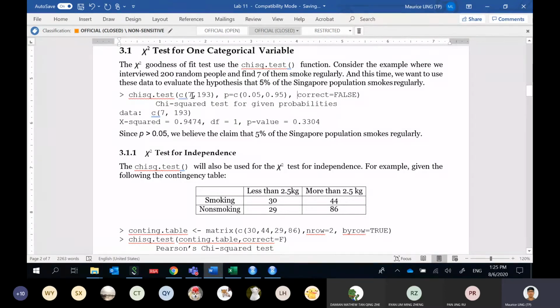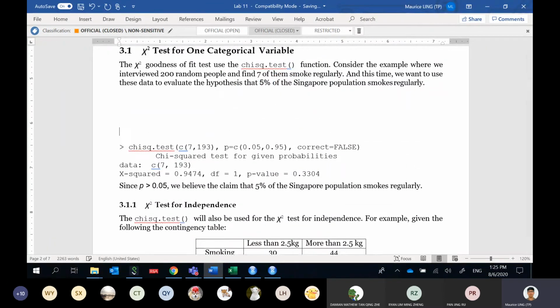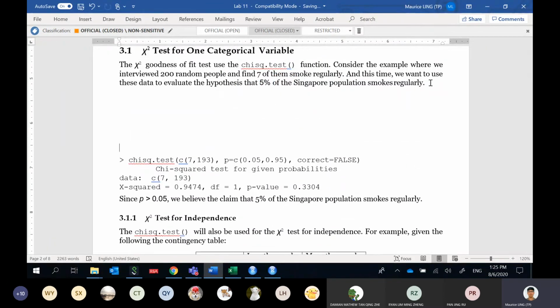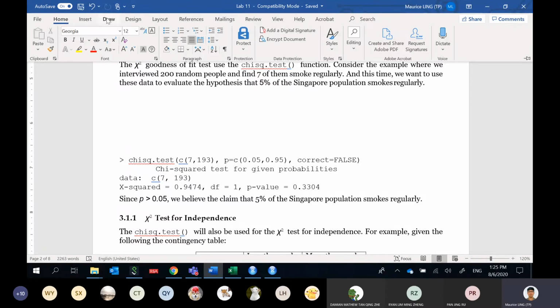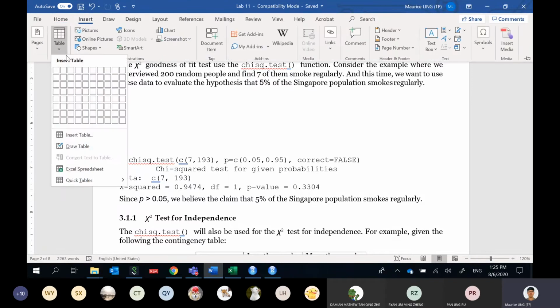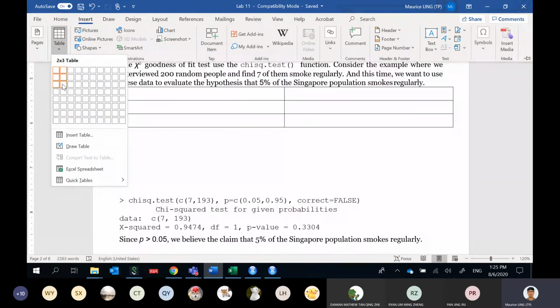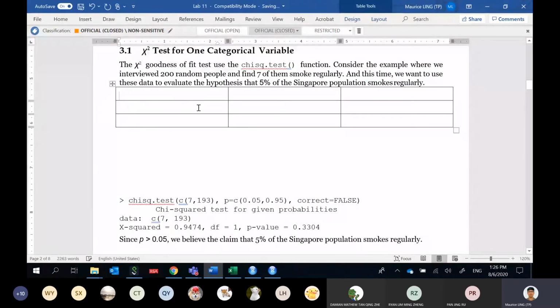This is the categorical, which means, let me show you, it is similar to transferring a table to look like that. Let me draw the table for you.